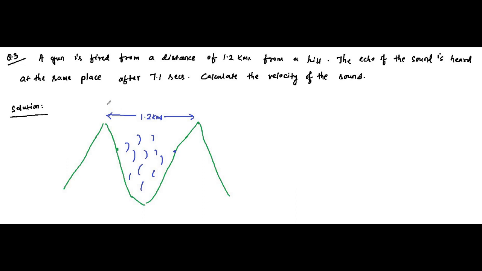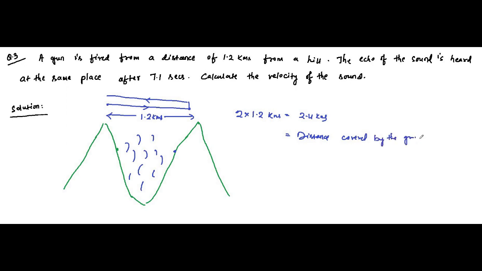First, starting from here, it strikes the obstruction here and it returns back. This is the total distance, which is 2 into 1.2 kilometers, 2.4 kilometers. That is the distance covered by the gunshot sound.